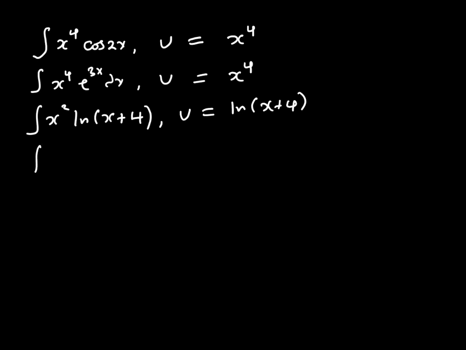And then the integral of e to power 2x times cosine of 4x dx. Even here there is a dx. And here u is e to power 2x. So it is easy for sure. As long as you know what to do, everything will always be easy.